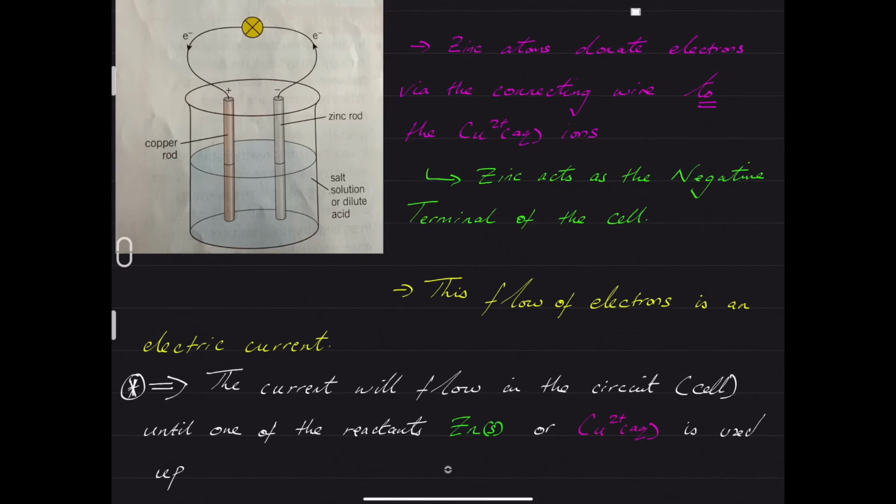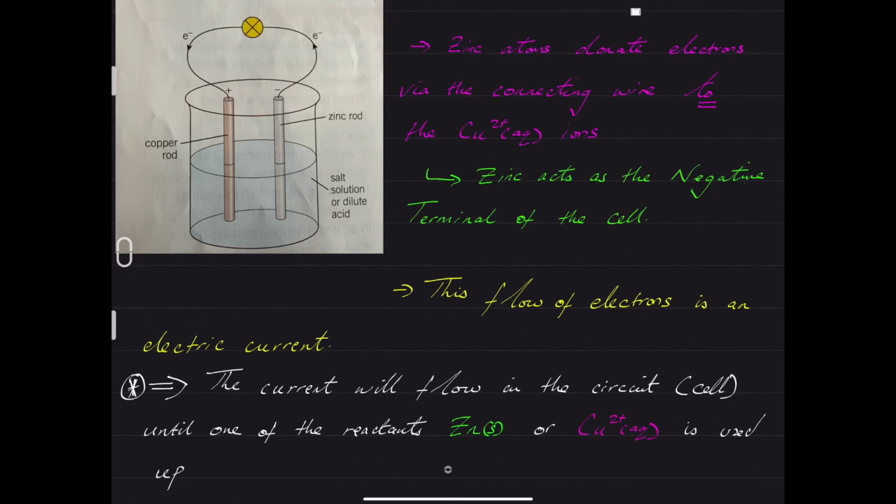So we have copper ions in an aqueous solution. And what happens is that the zinc atoms in the zinc rod donate electrons via the copper wire to the copper 2+ aqueous ions. The zinc is acting as the negative terminal of the cell, because that is where the electrons are emerging from and going into the wire.